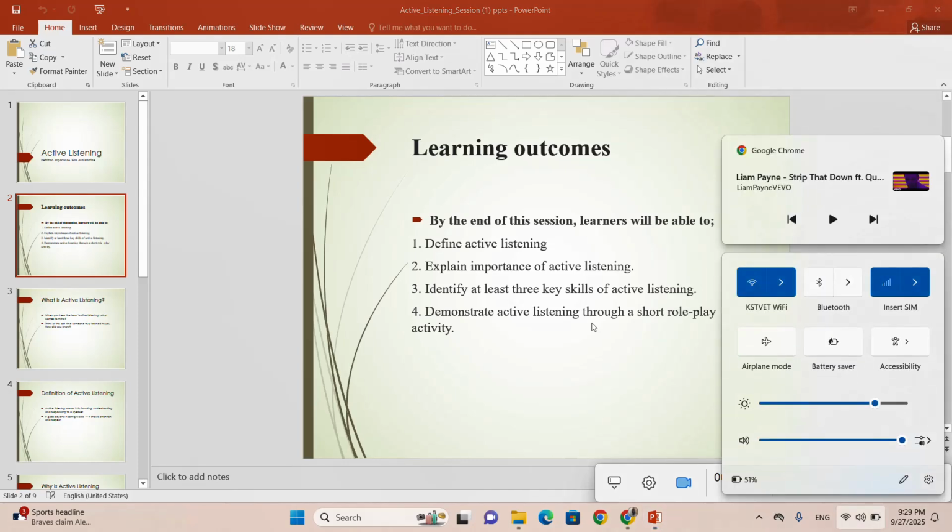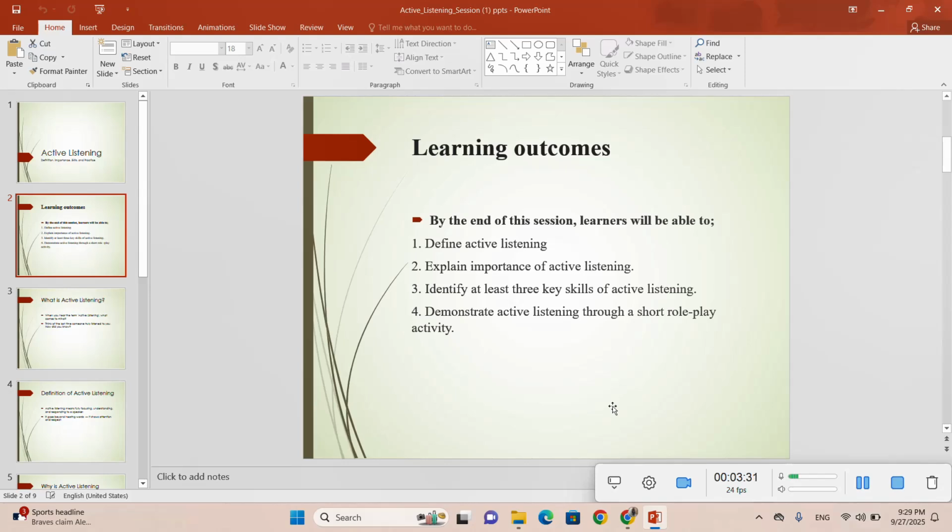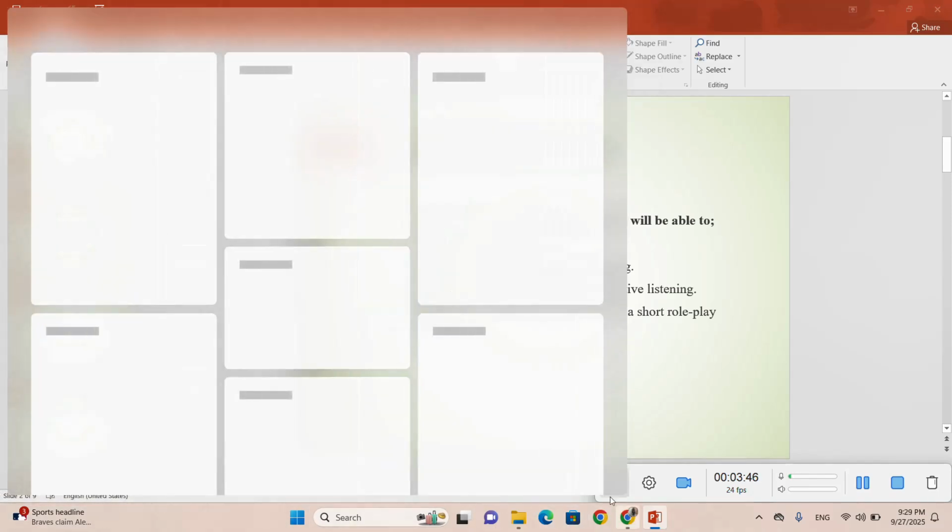By the end of this session, you should be able to define active listening, explain the importance of active listening, identify at least three key skills of effective listening, and lastly, demonstrate active listening through a short role play activity.